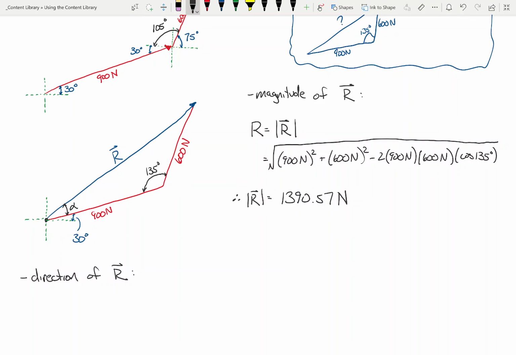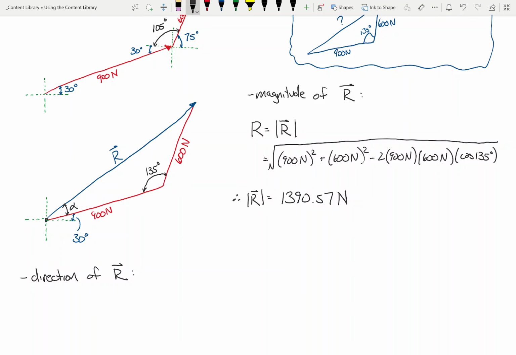And I don't see any reason why we can't solve for that angle using the law of sines. In other words, the sine of this angle divided by that equals the sine of this angle divided by that. Okay?